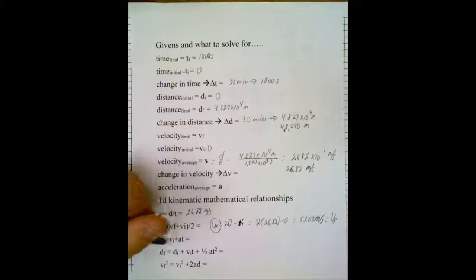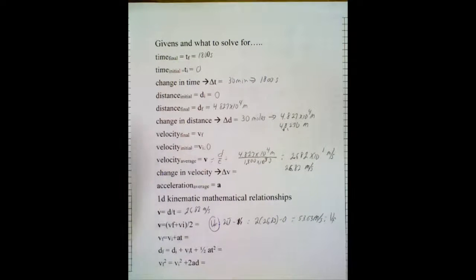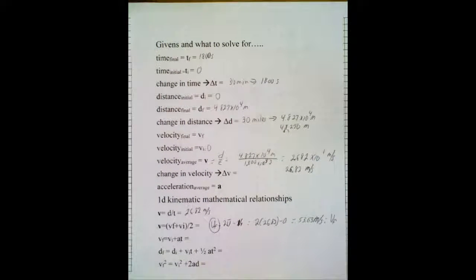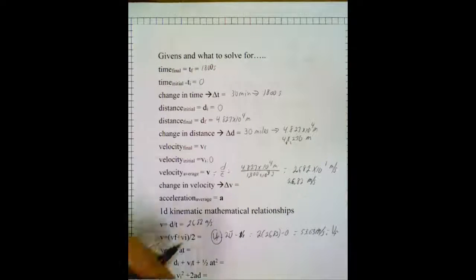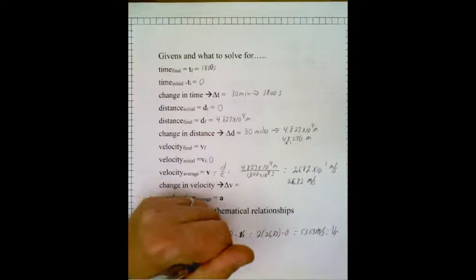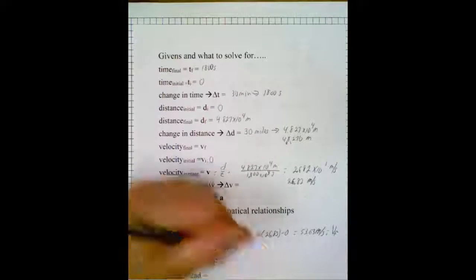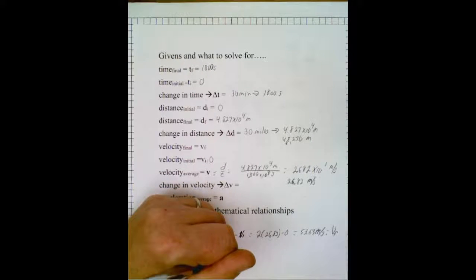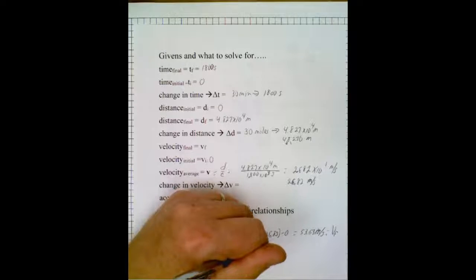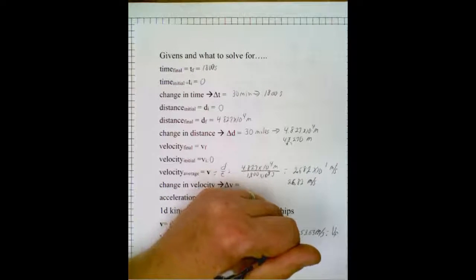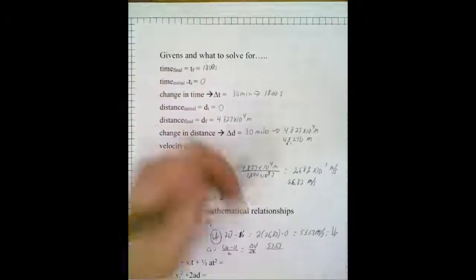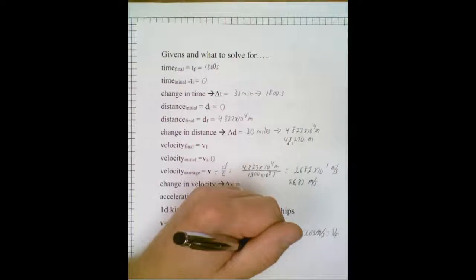We could have also figured out what acceleration is using this formula if you like, but that wasn't part of the question because the original part of the question was what is the average velocity and distance in SI measurements? As long as we're here, let's finish it out. A equals velocity final minus velocity initial over time, which means delta V over delta T. We had 53.63 divided by 1800 seconds.